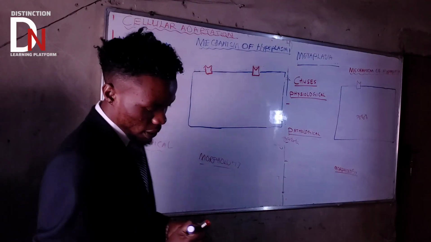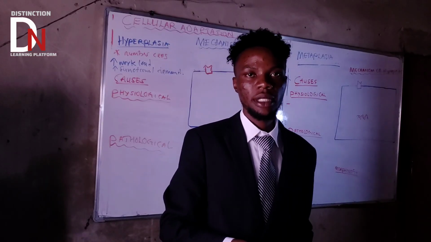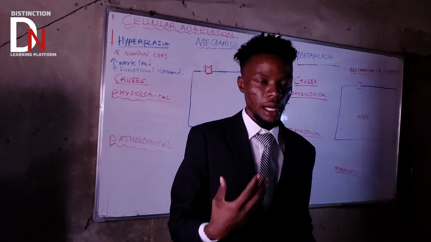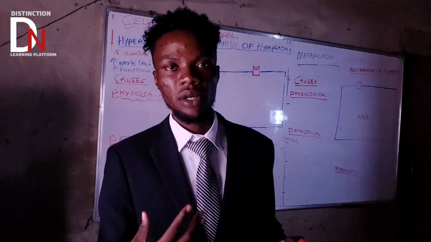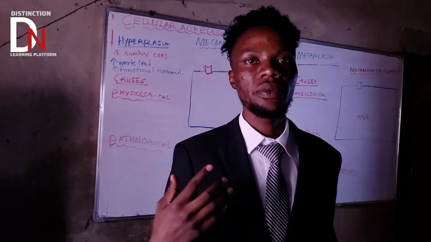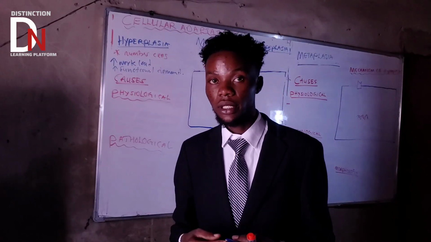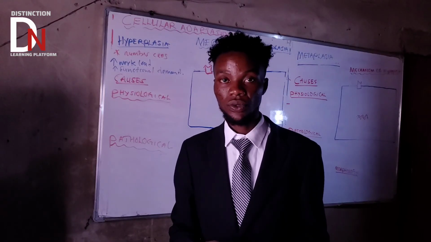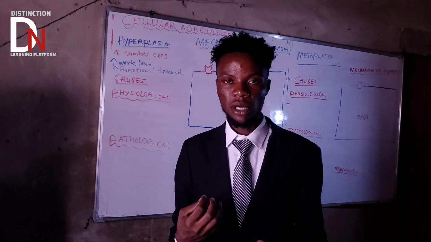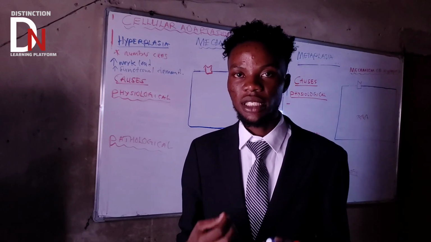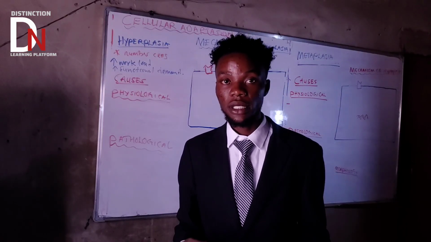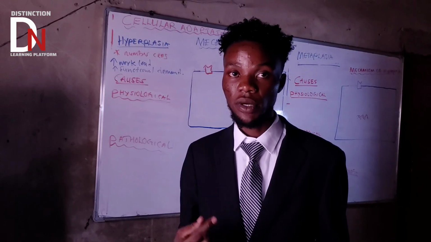What do you understand by increase in workload? Remember that increase in workload is the amount of activity or the amount of work that is given to the cell. Okay, so that is what we call the increase in the workload. What about functional demand? Functional demand is the amount of work or activity that is required for a cell to perform. So that is what we call functional demand.